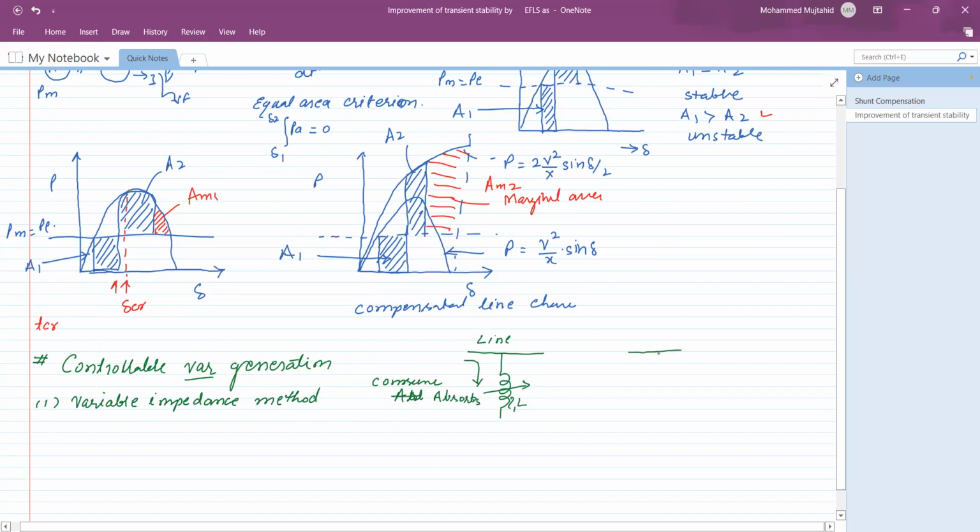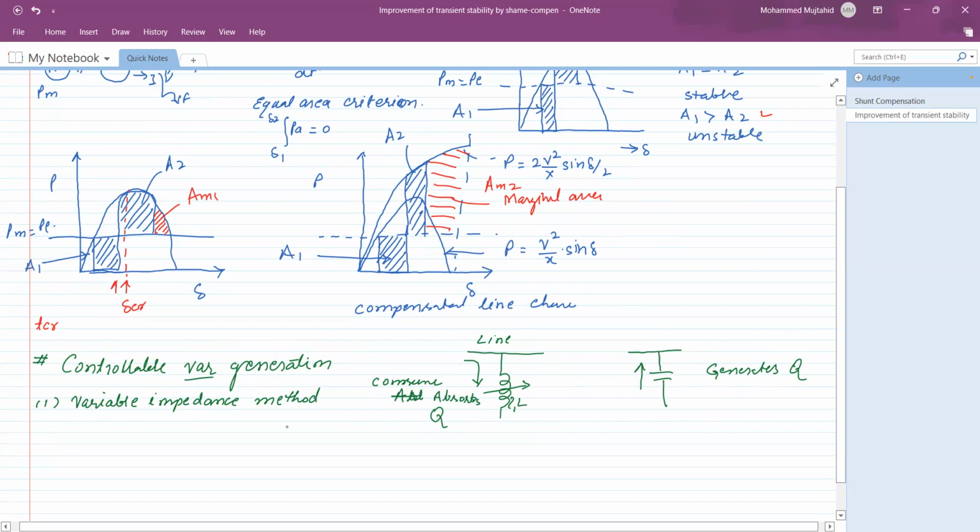Whereas if we connect a capacitor, the current in the capacitor is leading, and it generates reactive power Q. So in VAR generation there are two words: one is absorption, where it consumes the reactive power, and the other is where it delivers reactive power to the transmission line, which is generation.